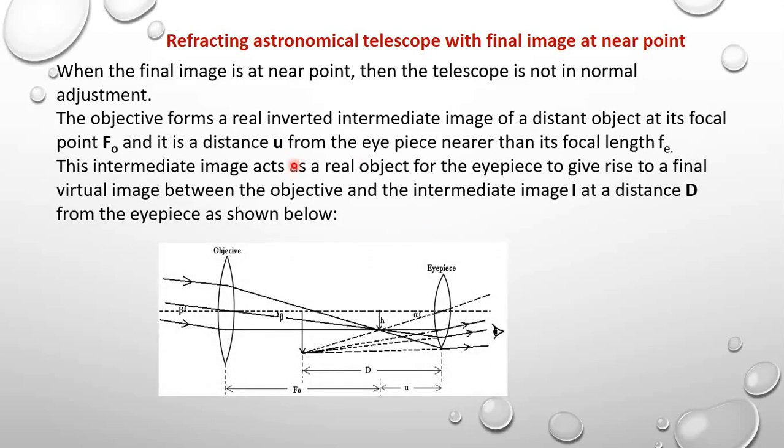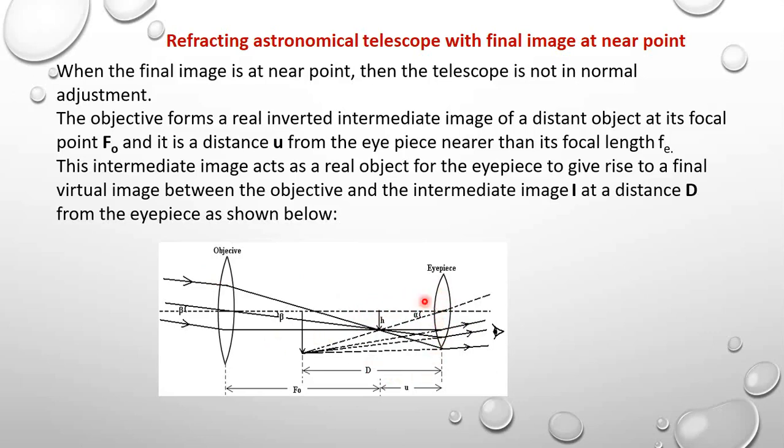So we are saying the objective forms an intermediate image at this point, which is going to be F0. This is going to be the principal focus of the objective, and the distance from this point up to this point is going to be u. But we know that this distance from the intermediate image up to the eyepiece is going to be less than the distance from the eyepiece up to its principal focus or its focal point.